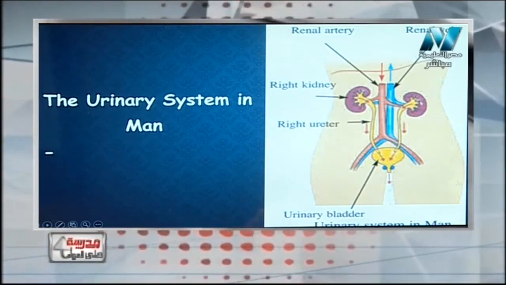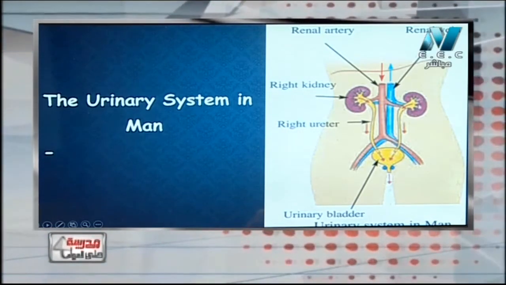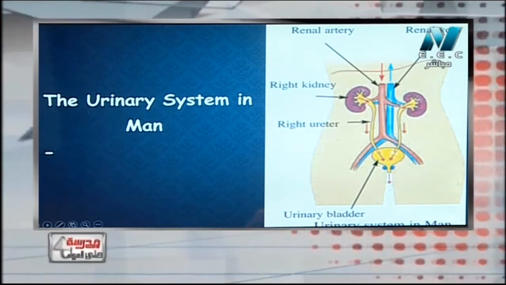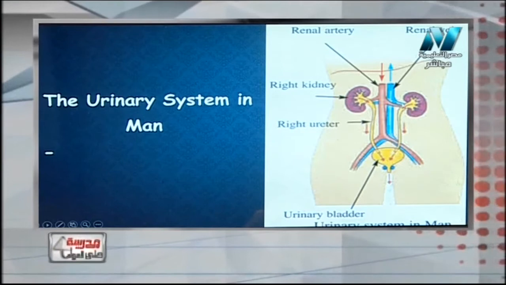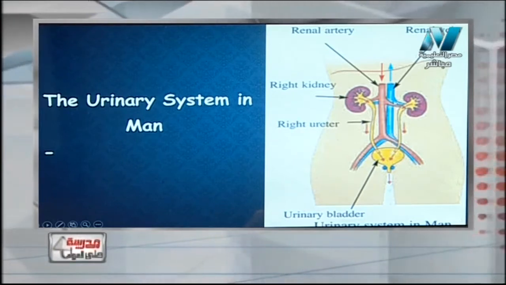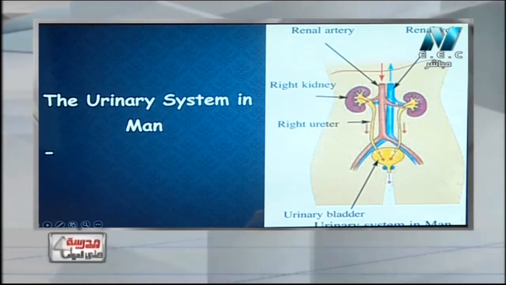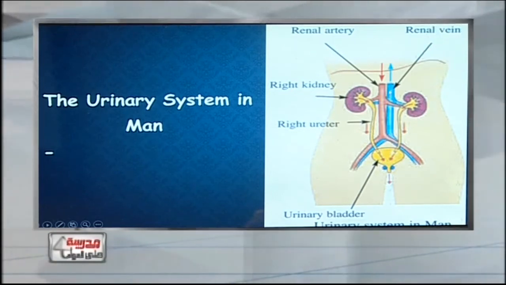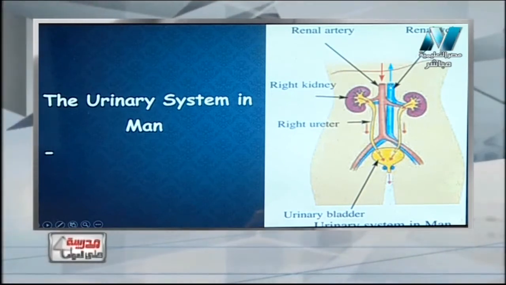After being divided into many blood capillaries, it is collected again into venules, and then a vein. And this vein in blue color is the renal vein. And the renal vein goes to join the inferior vena cava. Okay?